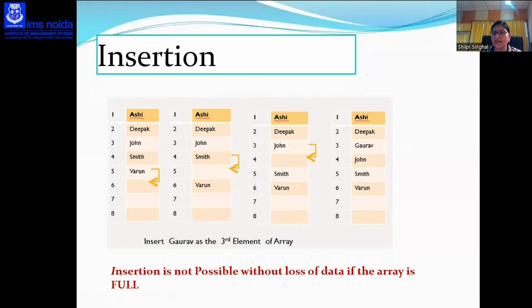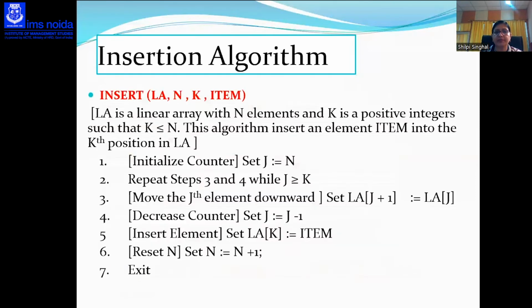Already if there are 8 values in it, then we will not be able to insert any data, because its capacity is only 8. As we have seen, we have defined the size of the array as 8. In that case, only 8 elements can be inserted. If I force the insertion of a 9th element, then one data is lost, right?